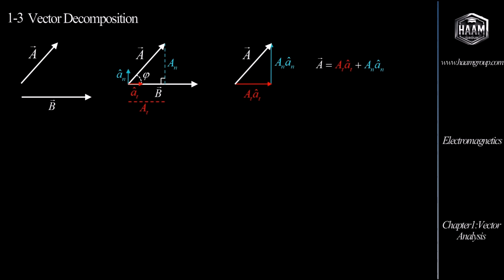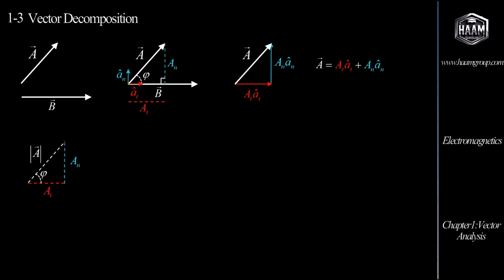This equation shows that vector A has been successfully decomposed into a component parallel to B and a component perpendicular to B. Now consider the right triangle formed by this construction. The hypotenuse is the magnitude of vector A, while the two legs are AT and AN.